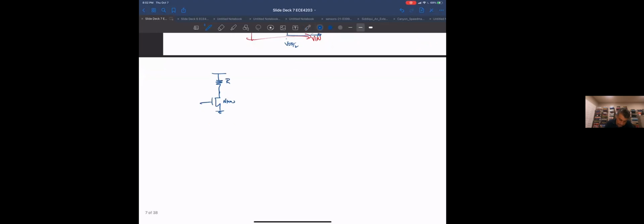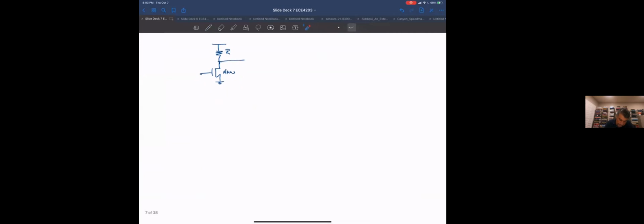If we just have these two in our circuit, the current going through the resistor has to be the same as the current going through the NMOS transistor. So that's like Kirchhoff's current law.